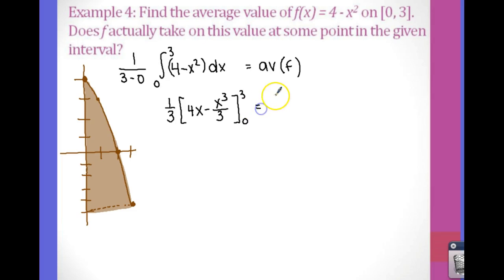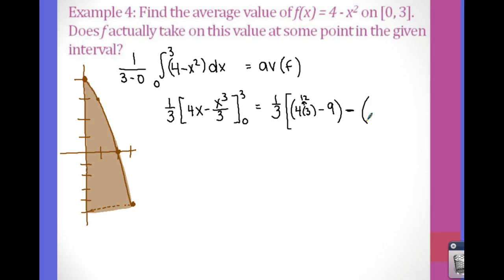So what we're going to do is take 1/3, keep it out in front. I'm going to plug 3 in for x's here. So you have 4 times 3 minus 3 cubed, which is 27. Then 27 divided by 3 takes you back to 9. And really, this is 12. So that's f of 3 minus f of 0. So you take 0 and plug it in.